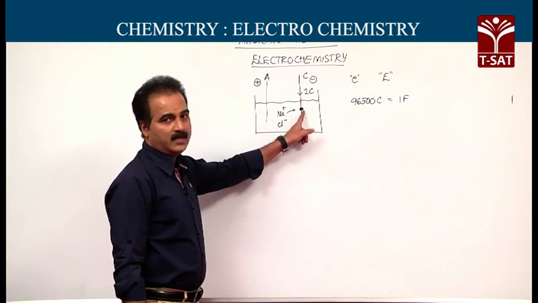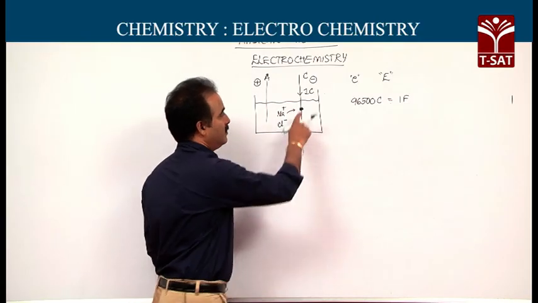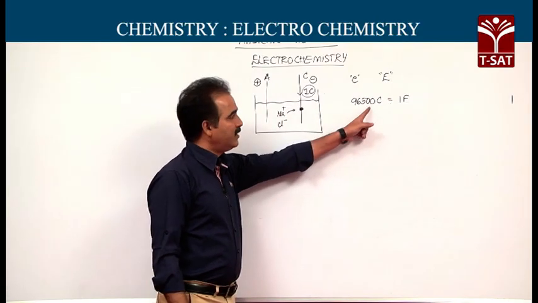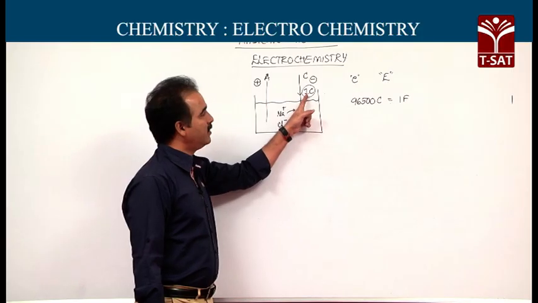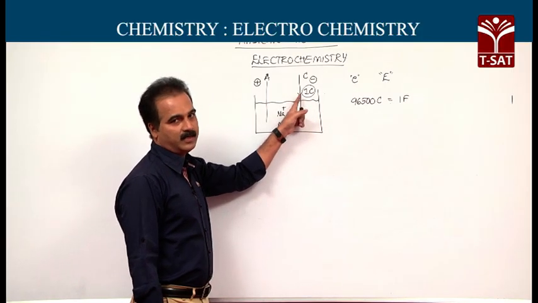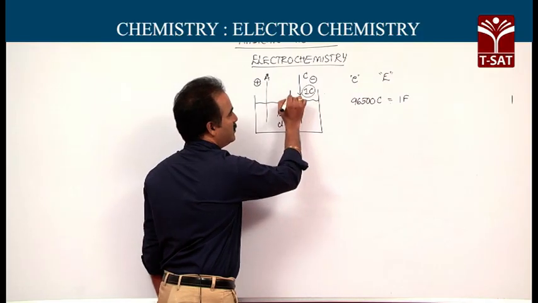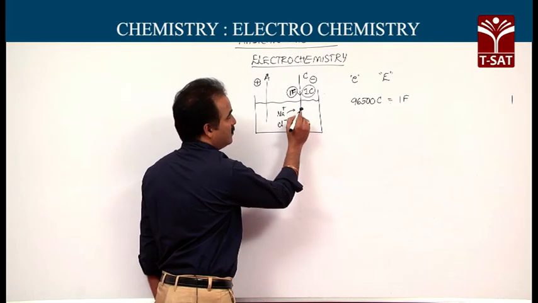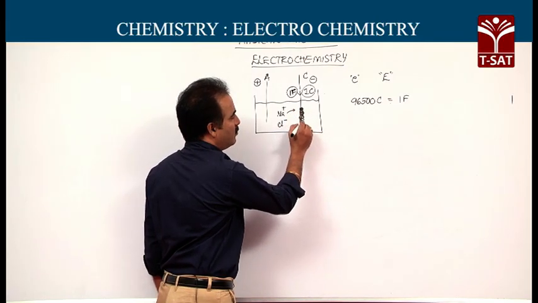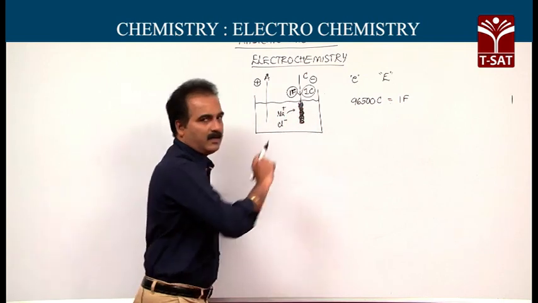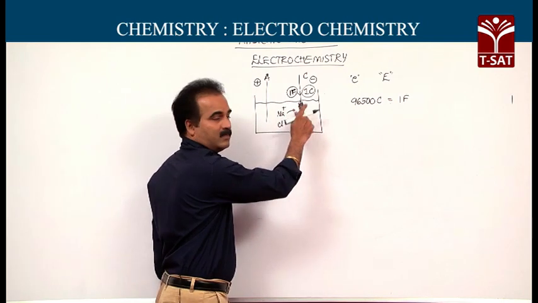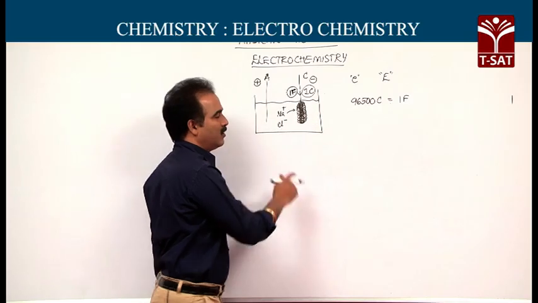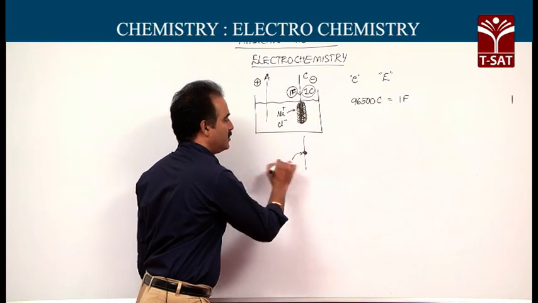And if you send 96,500 coulombs instead of 1 coulomb, that means you are sending 1 Faraday of charge, 96,500 times more. So the quantity deposited will be 96,500 times more than the quantity deposited earlier.